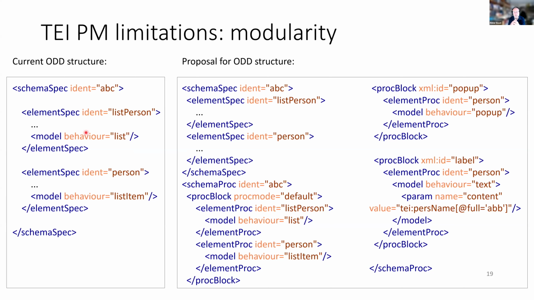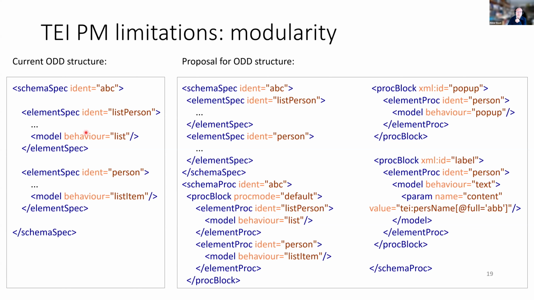This can become quite complicated. It also has the effect that it is impossible to create something like reusable logic that you can call or execute from different contexts.